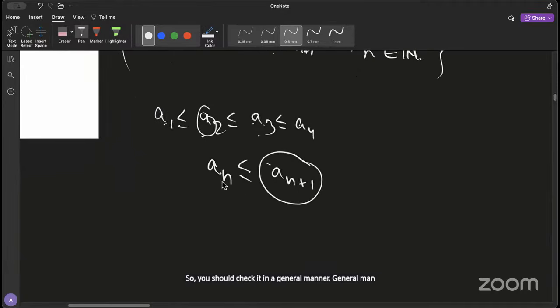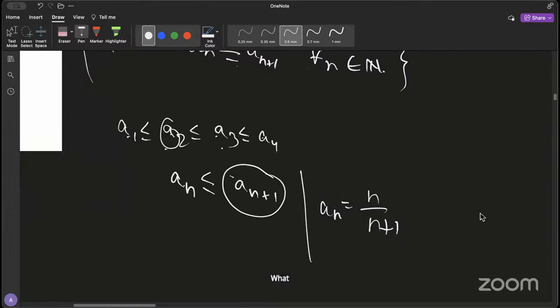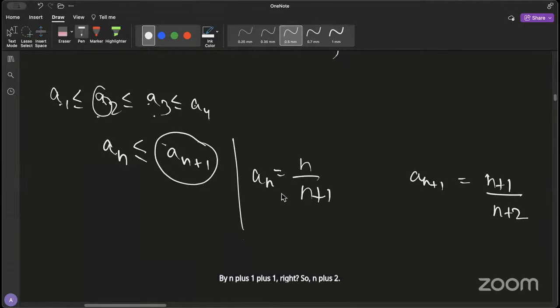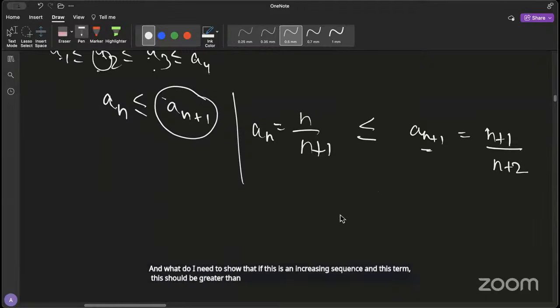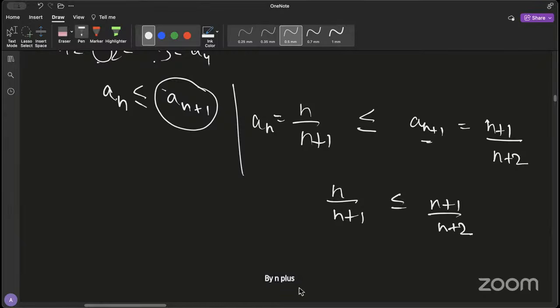General manner means what is A_n? A_n is n by n plus 1, right? This is A_n. What is A_(n+1)? A_(n+1) is n plus 1 by n plus 1 plus 1, so n plus 2. And what do I need to show? That if this is an increasing sequence, then this term should be less than or equal to this. So I have to prove that n by n plus 1 should be less than or equal to n plus 1 by n plus 2.